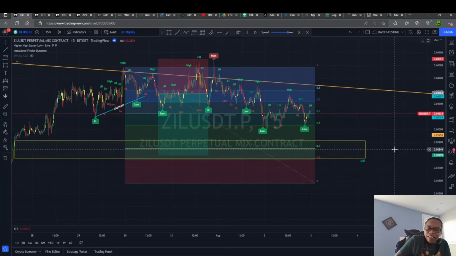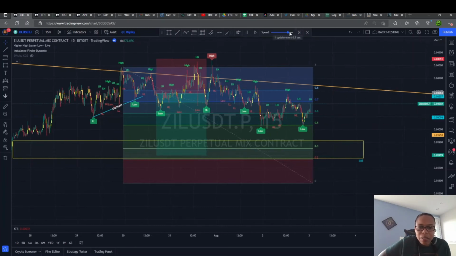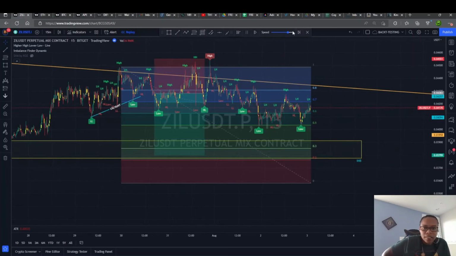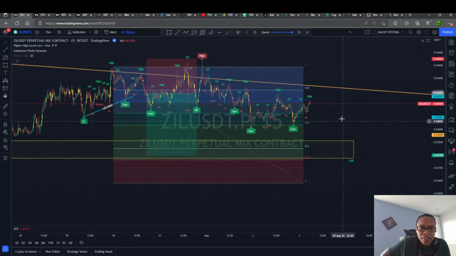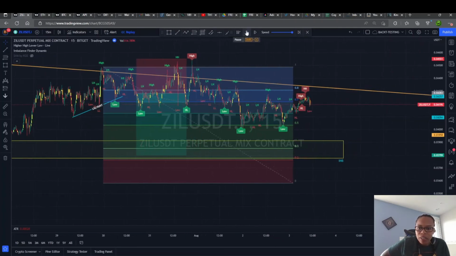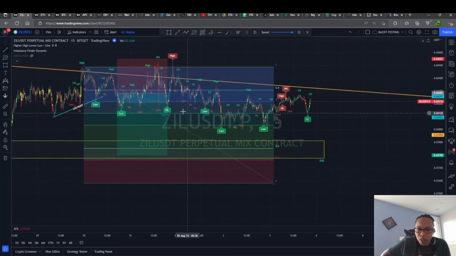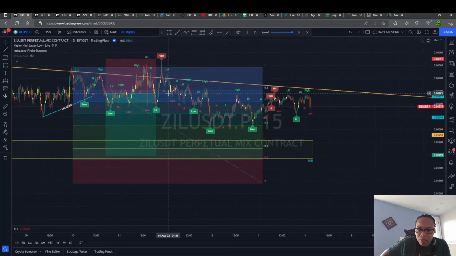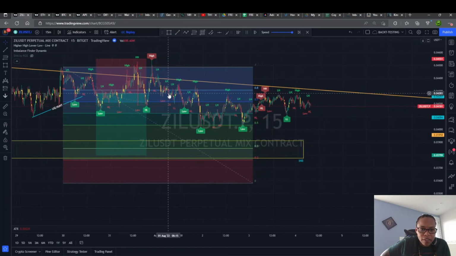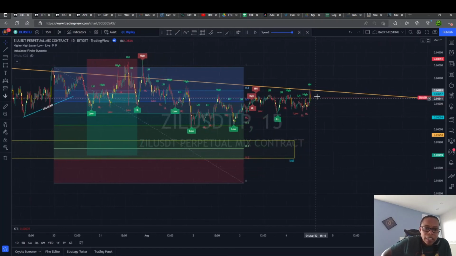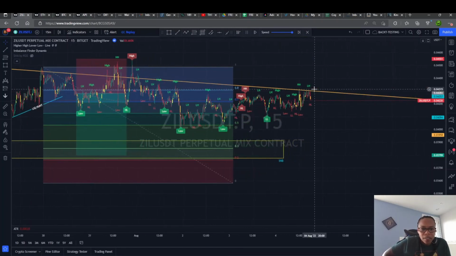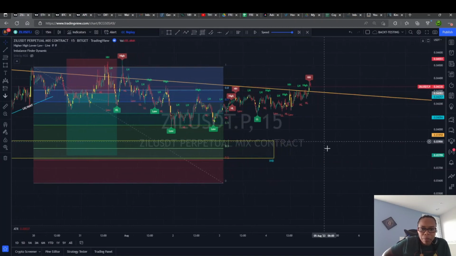Okay, we gotta speed this up a little more because this is taking a lot longer than I thought. All right, so eventually, since we're on a down slope, you're constantly in the green for the most part, or at least break even up to this point. But the fact that it's coiling up in here, it might just pop up and go.